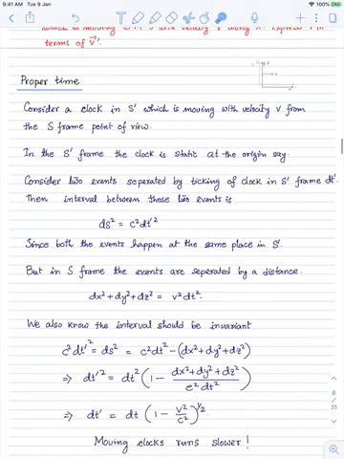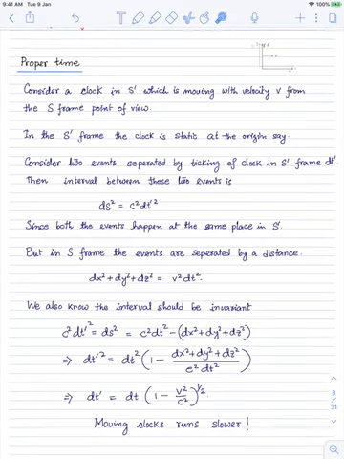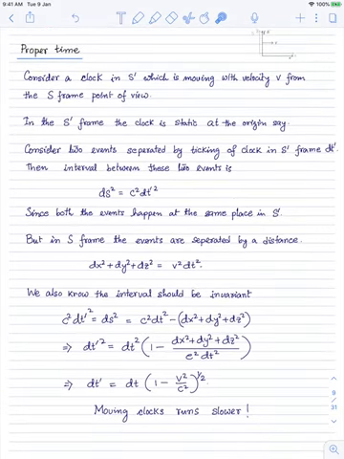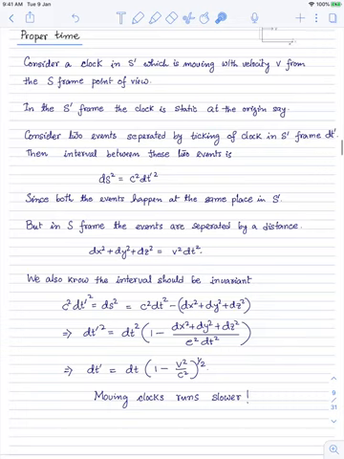What about the interval from the S frame point of view? In the S frame, the two events of the ticking of the clock are separated by a distance. If this is the distance squared, then it is v squared dt squared.